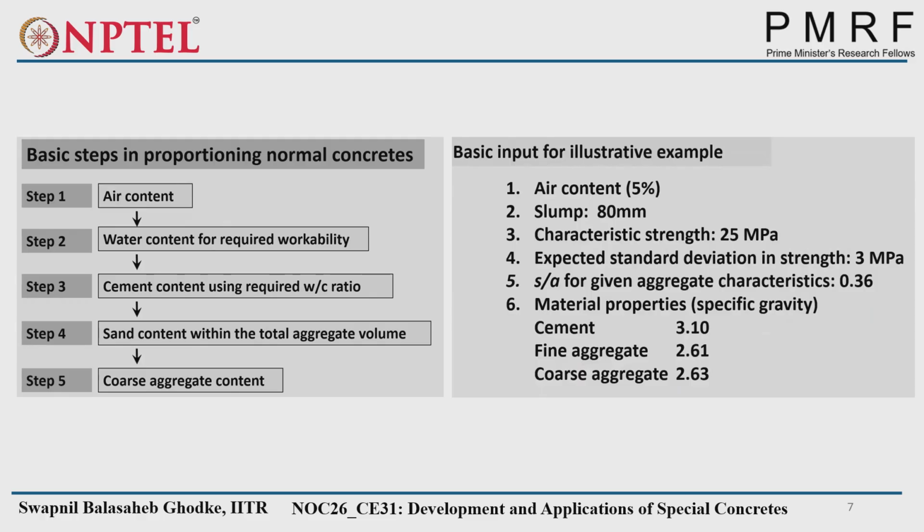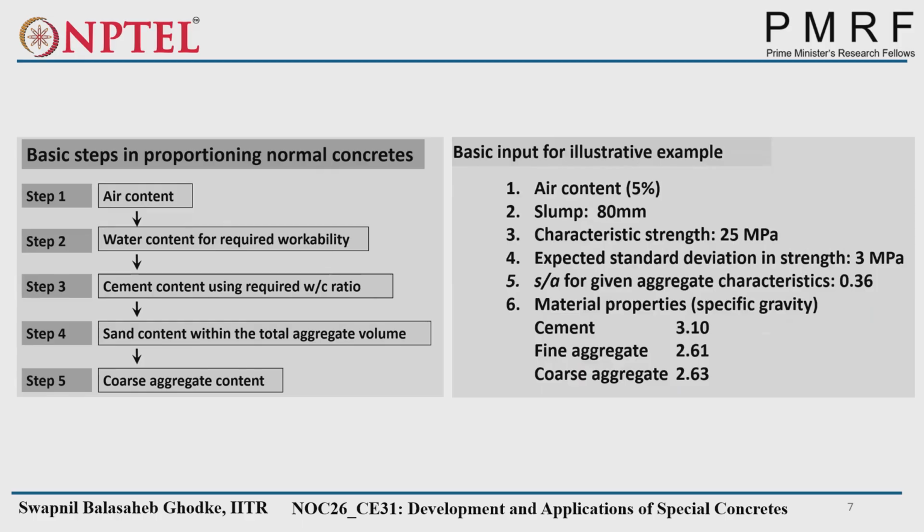We have 50 liters air content, then 103.2 for cement, then water 160. So the total aggregate comes to about 686.8 liters.